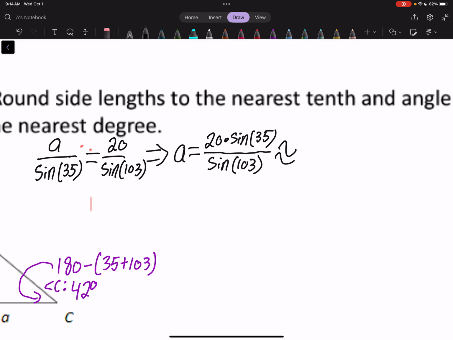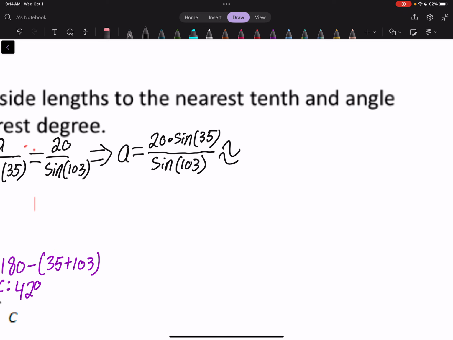Now it says round to the nearest tenth. I'm actually rounding to the nearest hundredth here. I like giving a few more decimal places just to keep my numbers consistent.